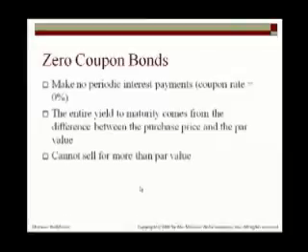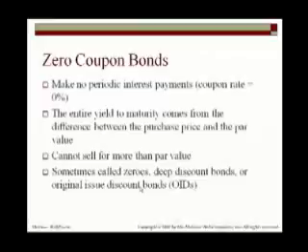And these bonds are called discount bonds, sometimes called deep discount bonds, because they sell for very low prices relative to the $1,000 face value that you're going to receive, and they can never sell for more than their par value. So a $1,000 bond could never sell for more than $1,000. Sometimes they're called zeros, sometimes called deep discount bonds, sometimes called original issue discount bonds.